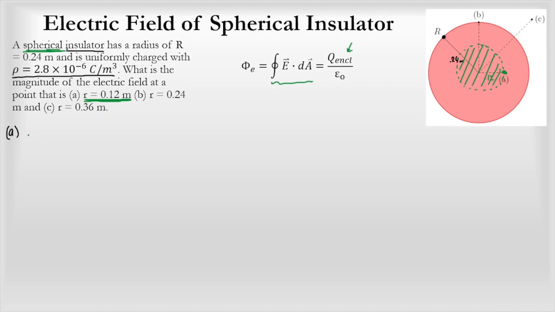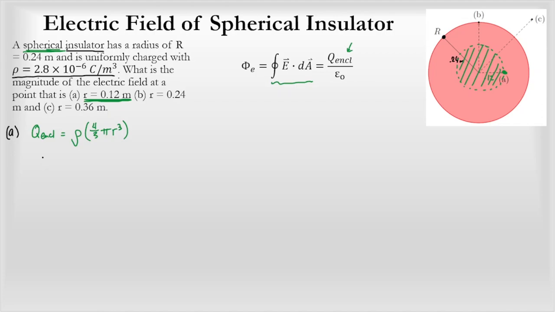Okay, so when I look at Q enclosed here, I'm going to have rho times the volume of that Gaussian surface, 4/3 pi times 0.12 cubed. I'm just going to put an r cubed here. You're going to see in a minute why I'm going to want to leave it in terms of r. So in this situation, in order to find Q enclosed, we're going to remember that we don't have all of the sphere. We only have part of the sphere inside that Gaussian surface.